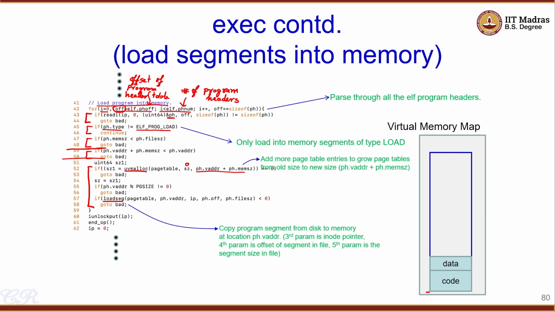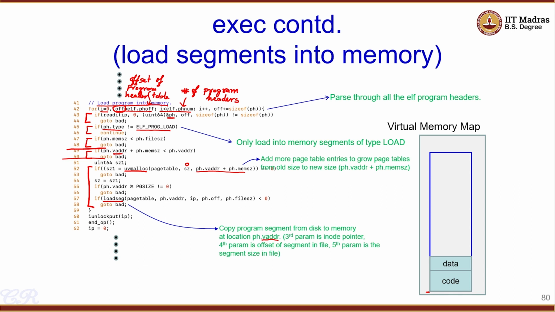These mappings are created in the page tables to support up to v address plus memory size. So UV malloc essentially creates these mappings, while load segment essentially copies the program segment from disk to memory at the location v address. Notice that v address is essentially specified in the program header, right?